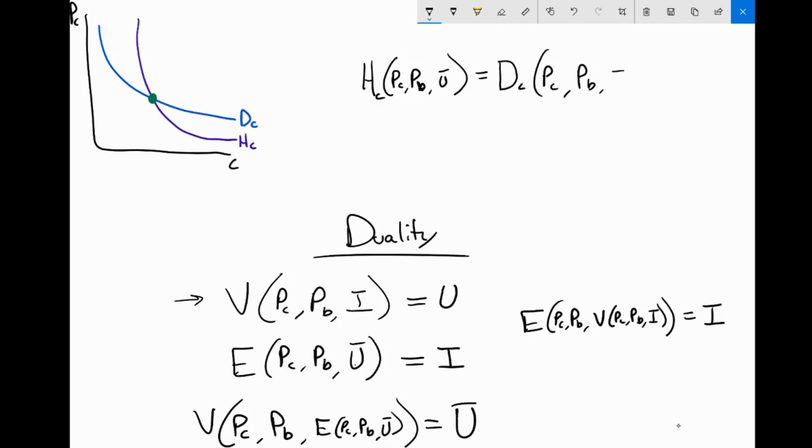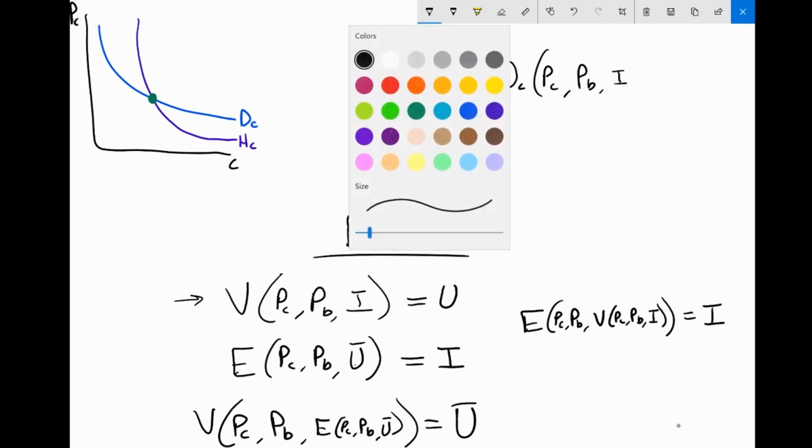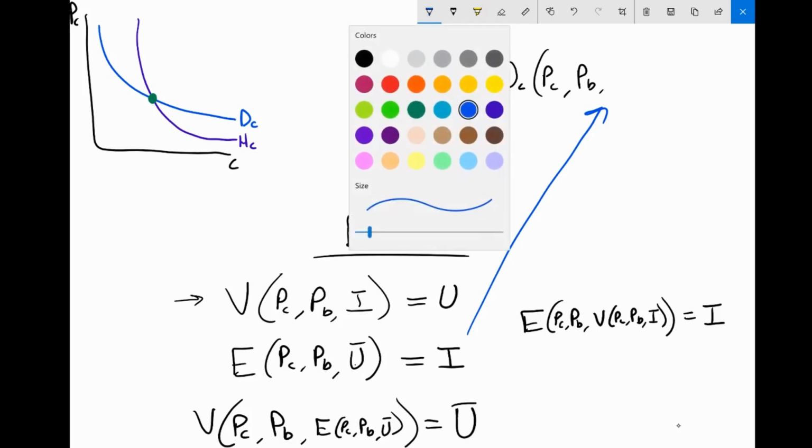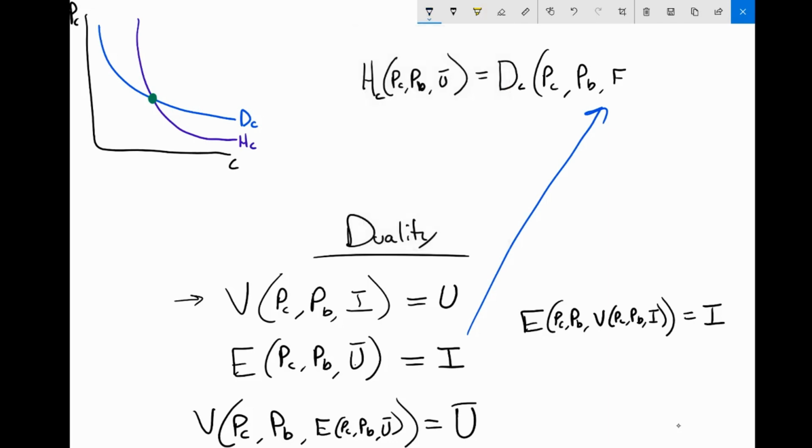Normally we have income here, but instead of income, what we're going to do is plug in the expenditure function. So PC, PB, utility. All right. So this is how we're going to relate them. We're using duality to relate the two demand curves.